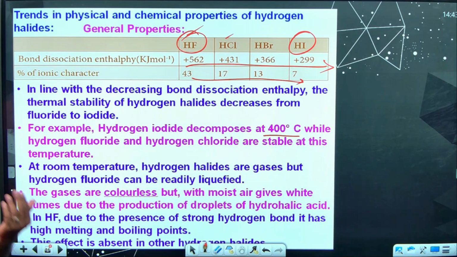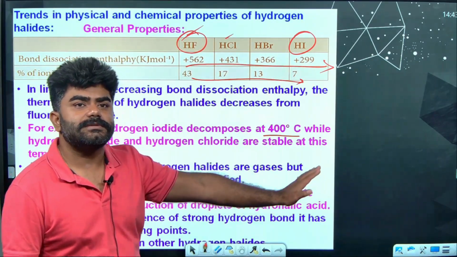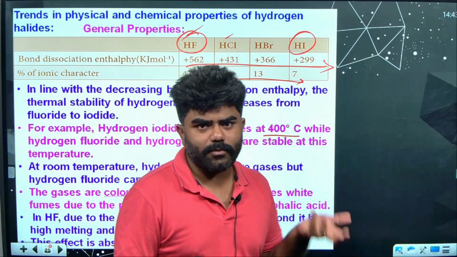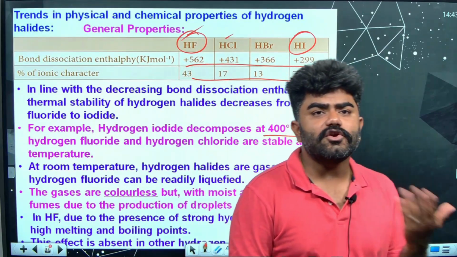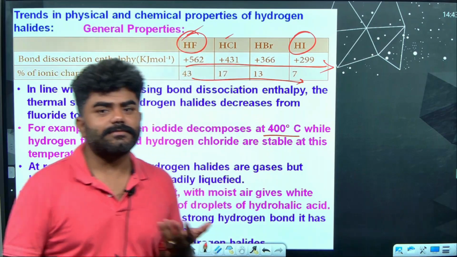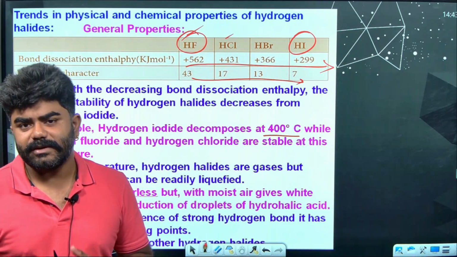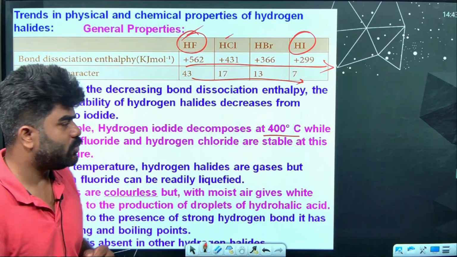It is more stable at that temperature. அதில் அப்படின்னா என்ன, 400 degreeல HI வேணா decompose ஆகுது, that means it is weak, the bond is very weak, அதனால் 400 degreeல decompose ஆகிடுது. But HCl or HBr decompose ஆகலை, that means the bond is strong at that particular temperature. It's a stable molecule, that's what we infer.